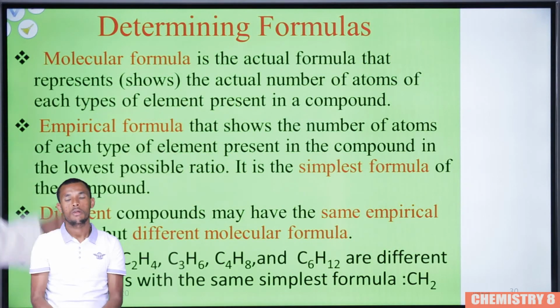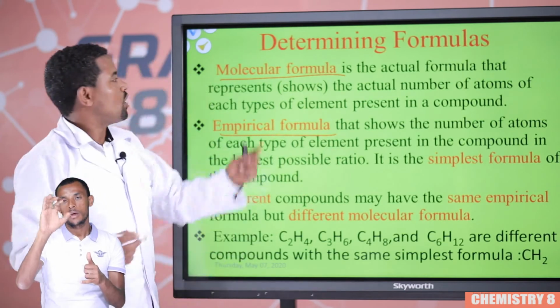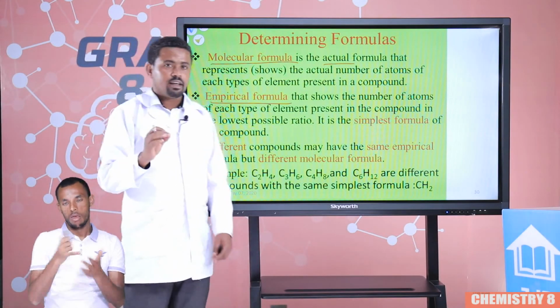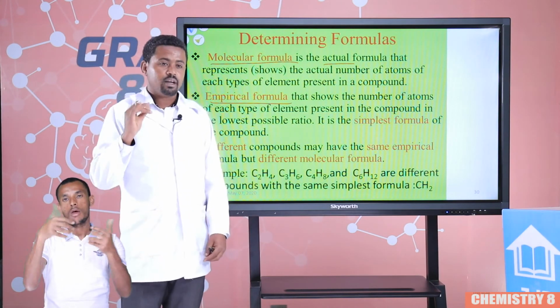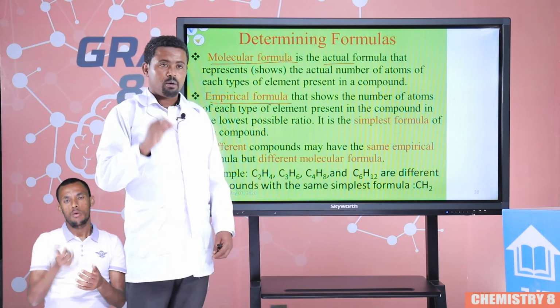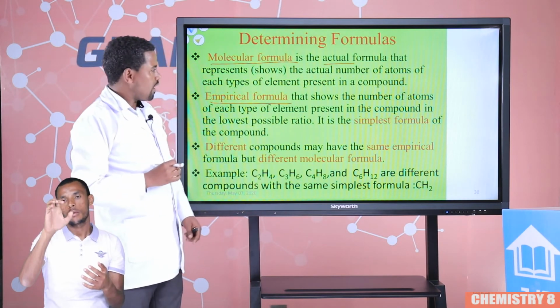How do we determine formulas? There are 2 types of formulas: molecular formula and empirical formula. The molecular formula is the actual formula that gives complete information about the identity of the substance, what the compound is. The empirical formula is the simplest formula.